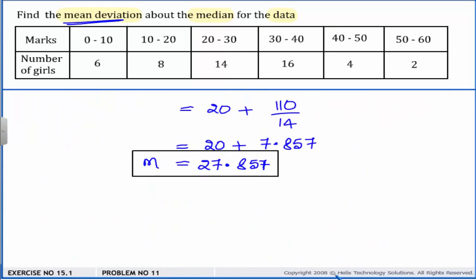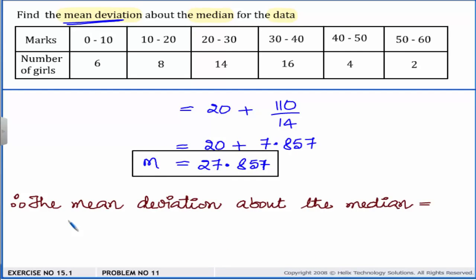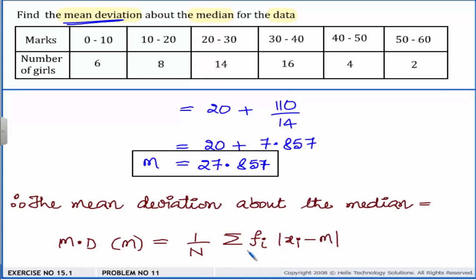Therefore, the mean deviation about the median is equal to mean deviation about m, which is given by 1 by n into summation Fi into modulus of xi minus m, where i equals 1 to 6.